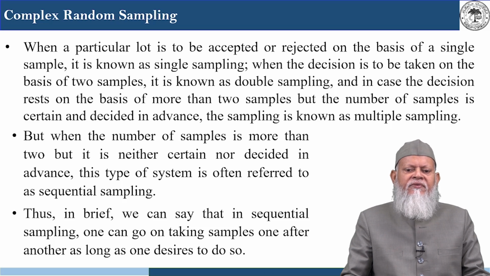But when the number of samples is more than two, and it is neither certain nor decided in advance, this type of system is often referred to as sequential sampling. Thus, in brief, in sequential sampling, one can go on taking samples one after another as long as one desires to do so.